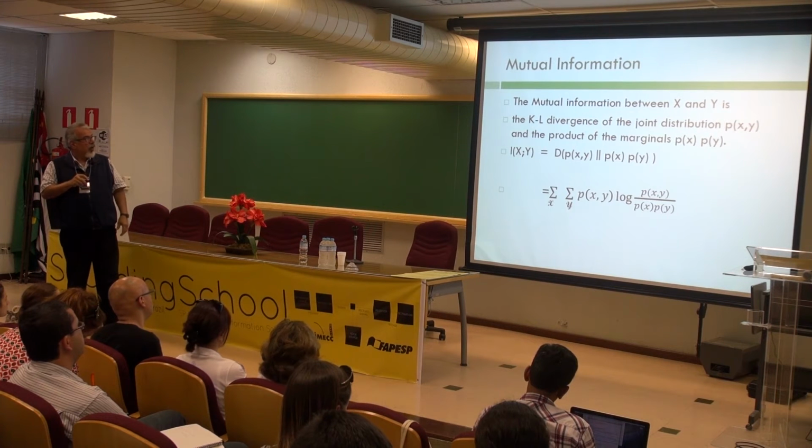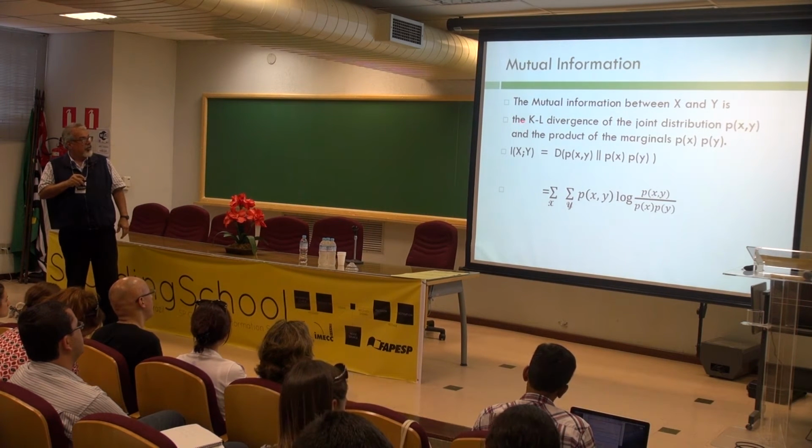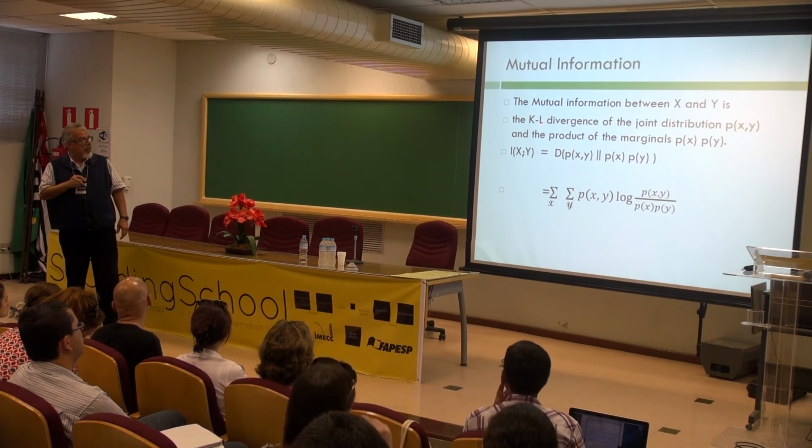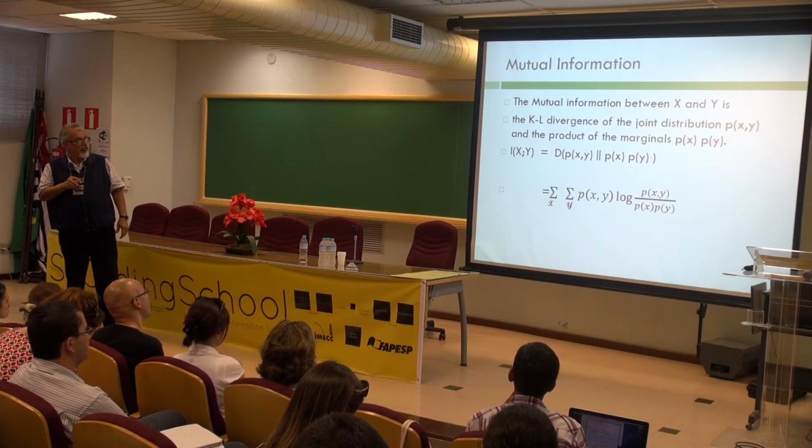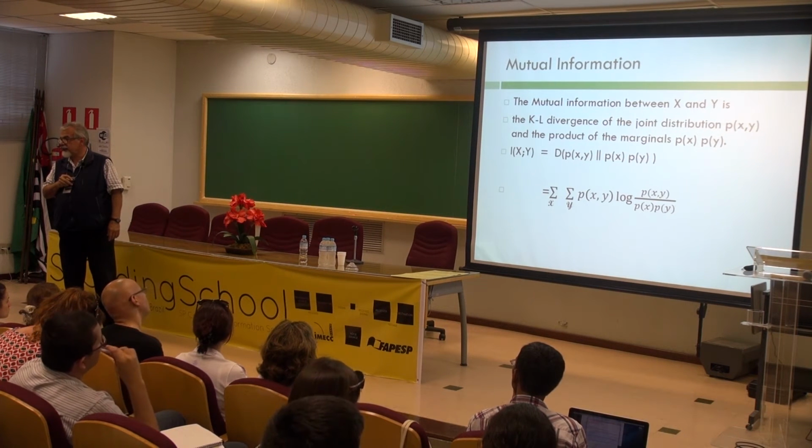Okay. Well, the definition that we choose is this one. The Kullback Leibler divergence of the joint distribution P of xy and the product of the marginals P of x times P of y, that divergence, which is expressed here, is the mutual information.